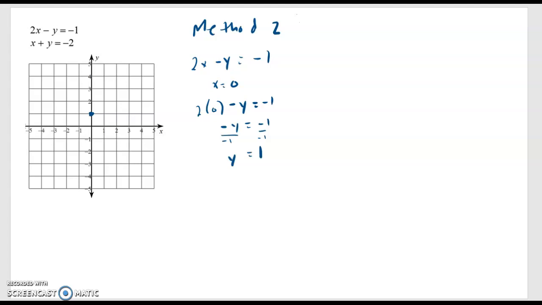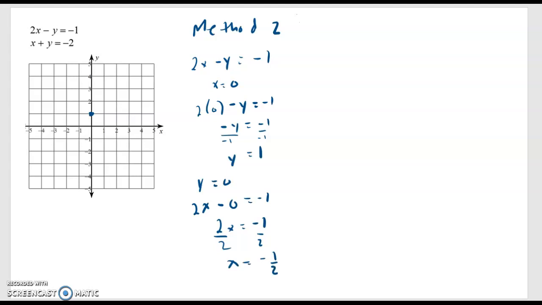If I do the same thing now, but instead of x, I state that y is 0. So y equals 0. I have 2x minus 0 equals negative 1. That gives me 2x equals negative 1. Dividing both sides by 2, I get x equals negative 1/2.